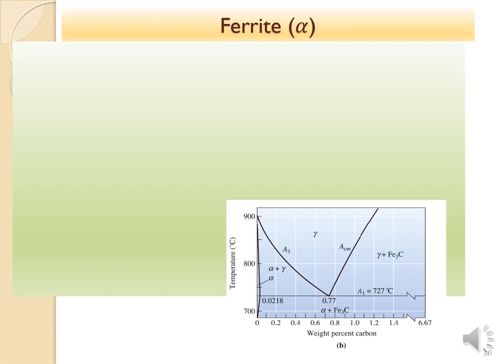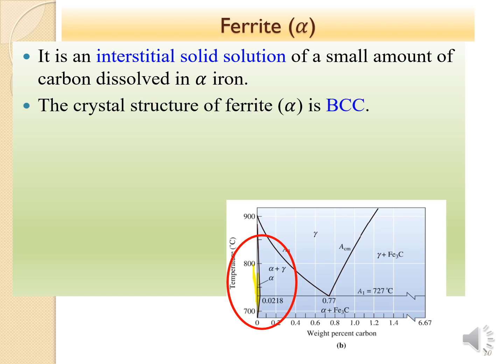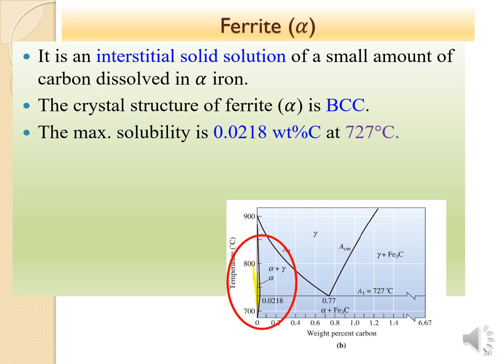Ferrite or alpha ferrite is at this small region on the bottom of this phase diagram. It's an interstitial solid solution of a small amount of carbon dissolved in the alpha phase. So the crystal structure is BCC for alpha or ferrite, and the maximum solubility of carbon in alpha phase is 0.0218%.